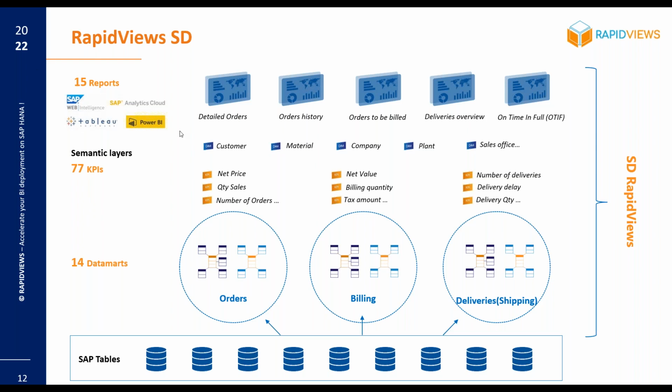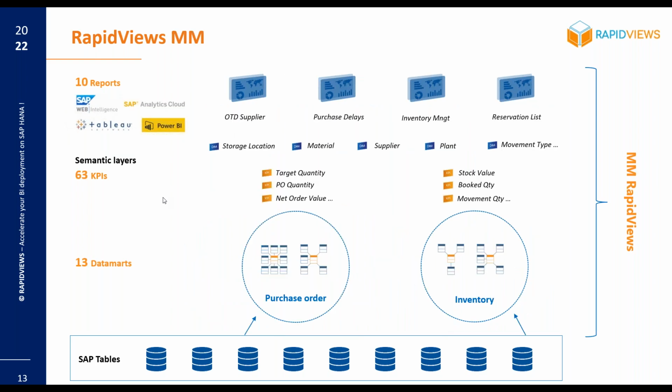These are very common standard reports, for example, on detailed orders, order history, orders to be billed, deliveries overview, and on time in full.